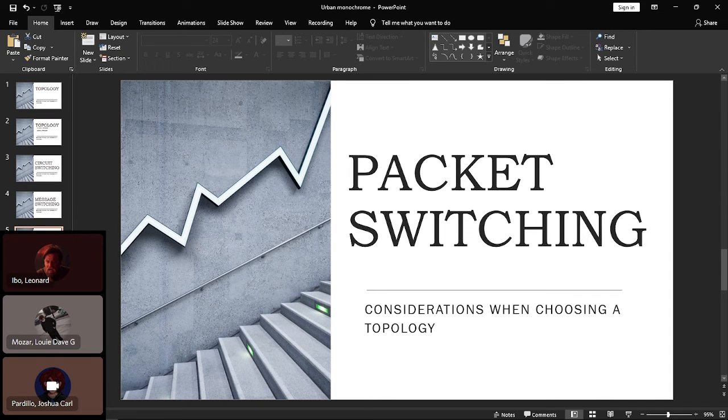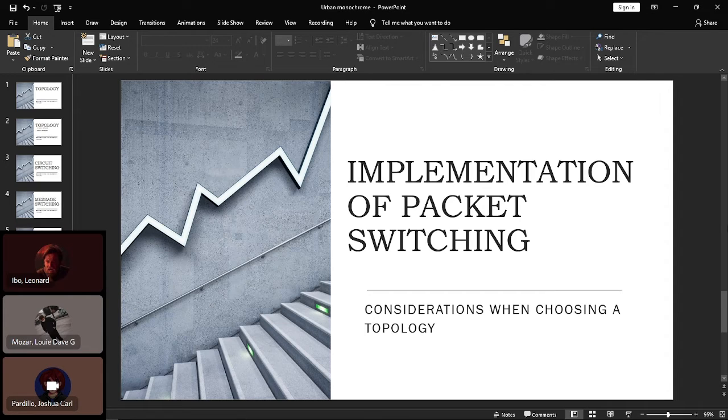So the next topic is implementation of packet switching. Number one, data is split into chunks, or packets.